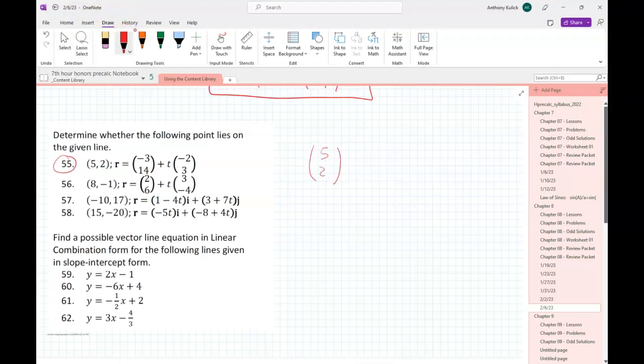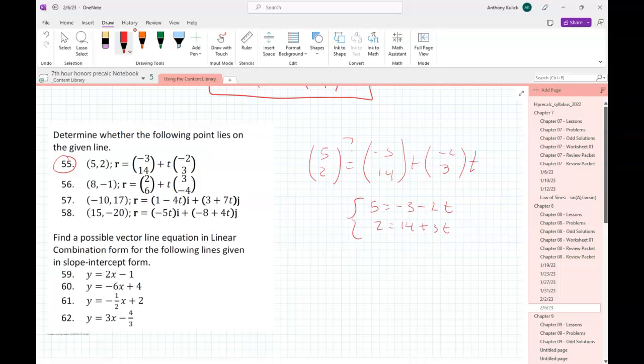is I am going to plug the vector 5, 2 in for R and see if I can solve that for T. So all that means is I'm going to set up two equations, one where the X component is equal to 5 and one where the Y component is equal to 2.